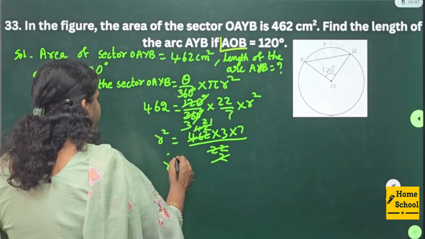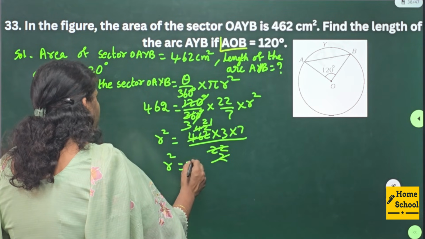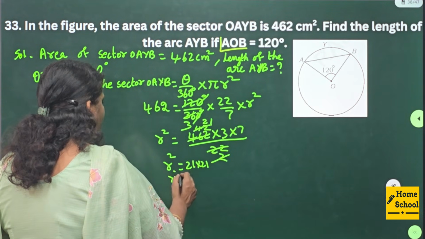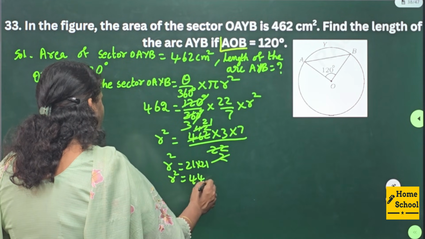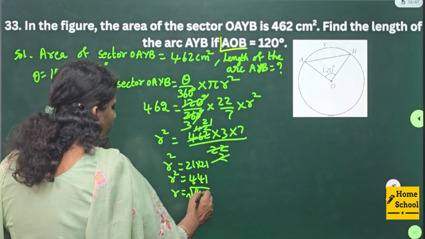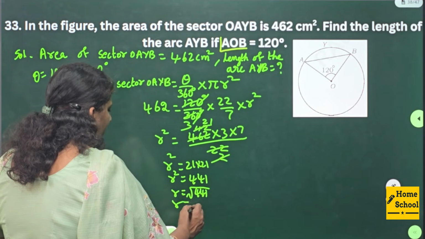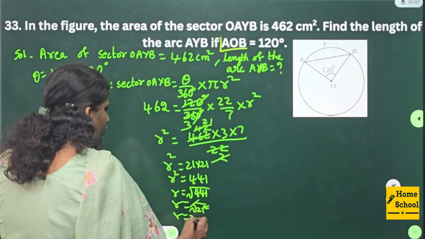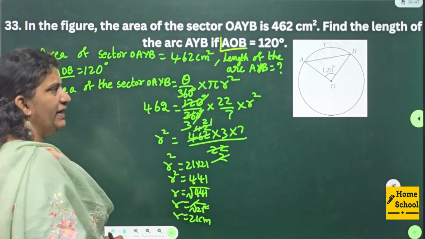R square is equal to 21 into 21, you can see. That is r square is equal to 441. R is equal to square root of 441. Directly I can write 21 square, square root cancel, r is equal to 21 centimeters.